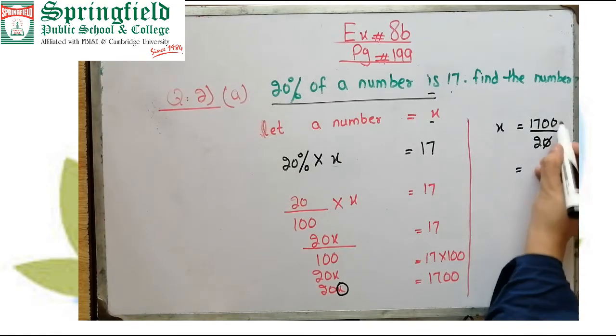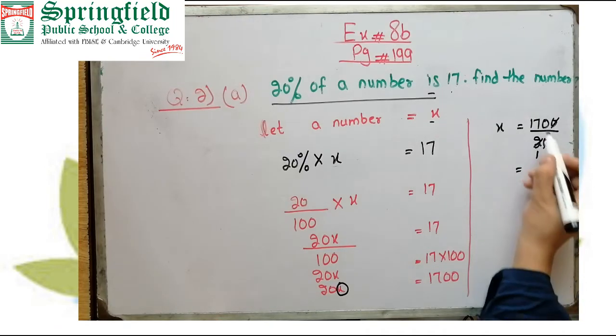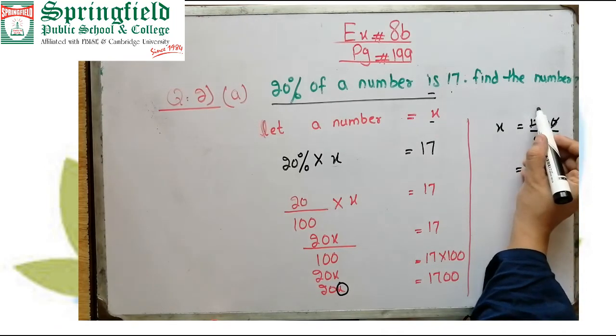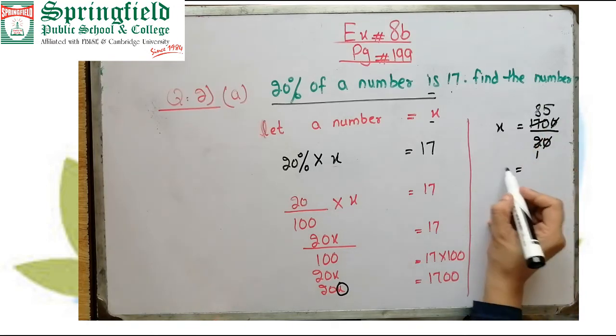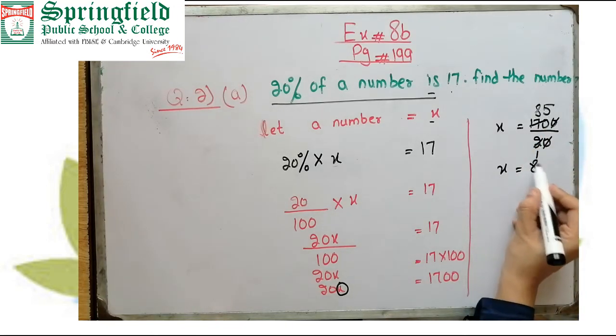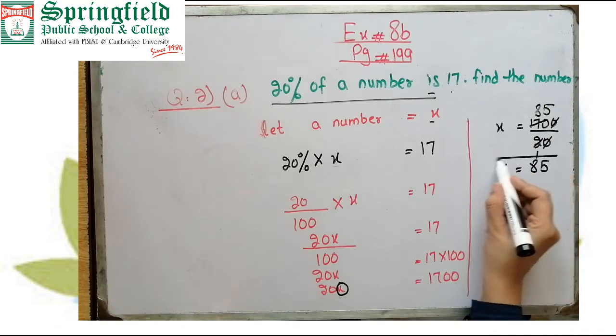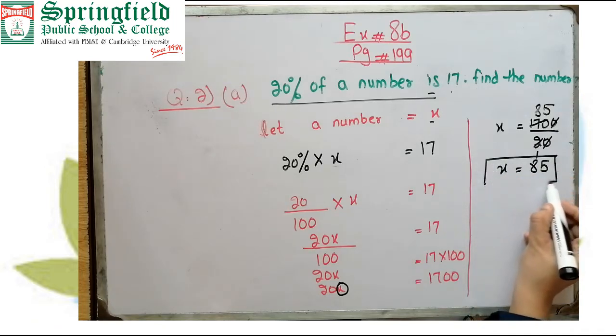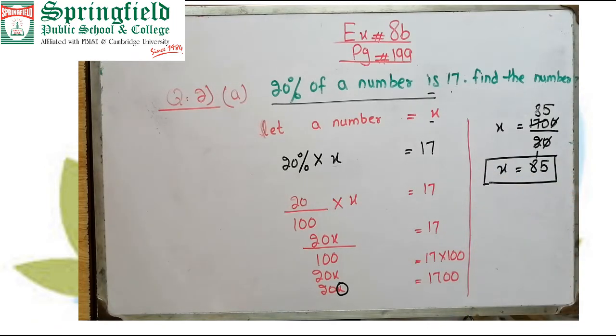So 0 cut with 0, and 2 1s are 2, 2 8s are 16, and 2 5s are 10. So x is equal to 85. Understood beta? x is equal to 85. So first, what is the x?